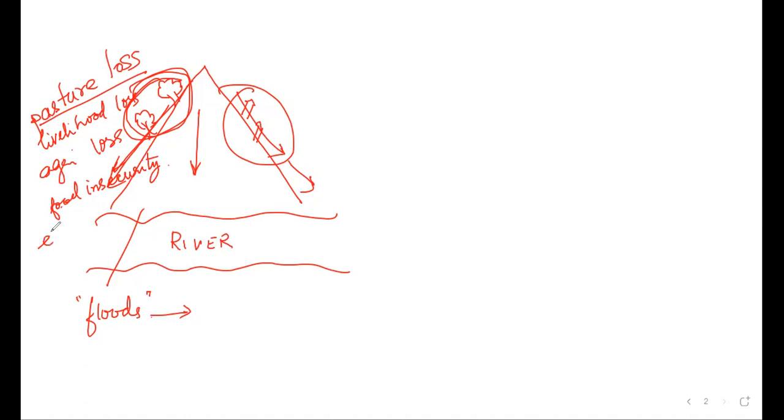Ecologically and environmentally also, that place would have lost a certain amount of flora, and biodiversity loss might also have happened. Okay, so these are some of the impacts with regard to landslides in general.